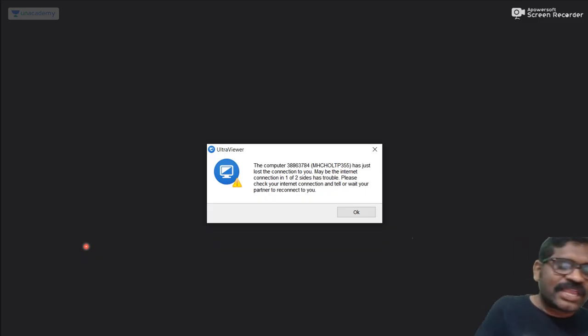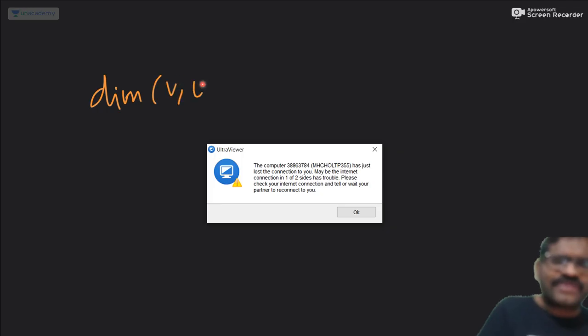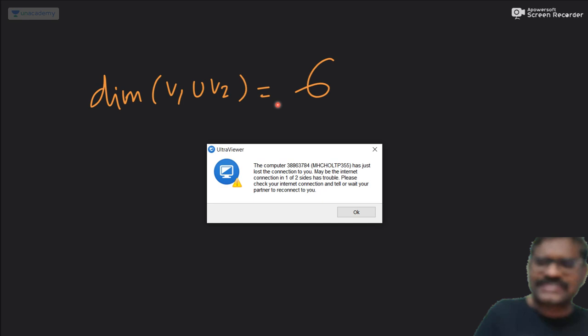What is the basis? That basis is nothing but the union of V1 and V2. That's why I am writing dimension of V1 union V2 equal to 6.